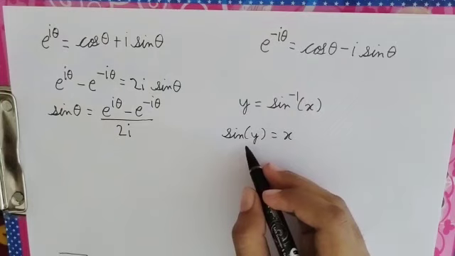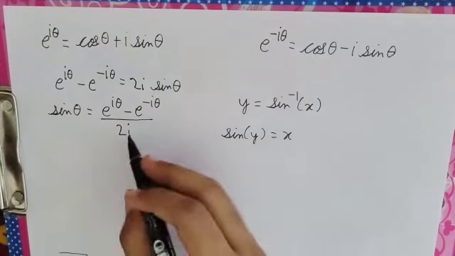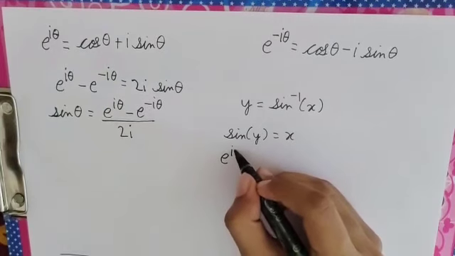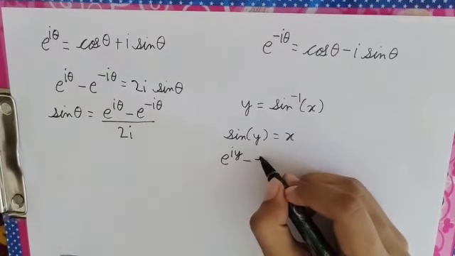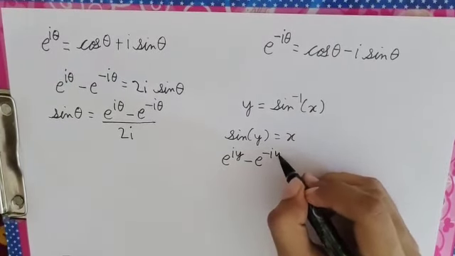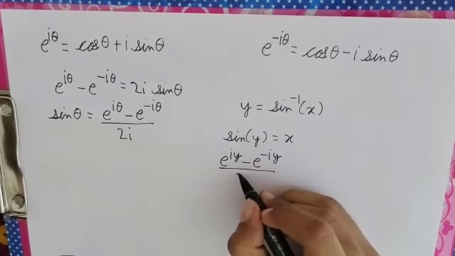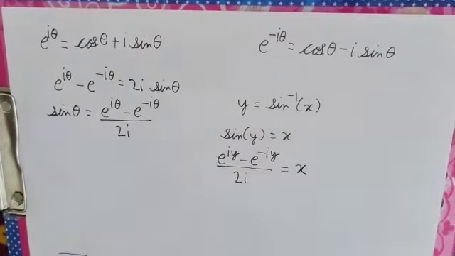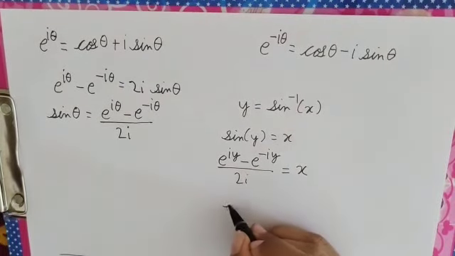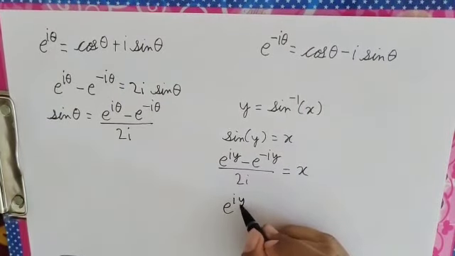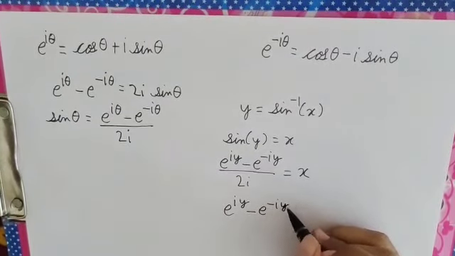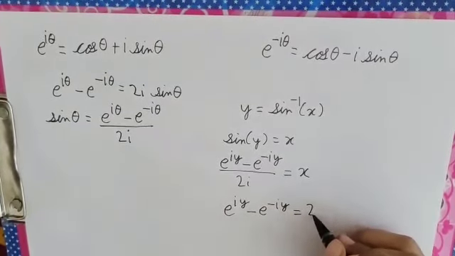Now we know that we can write sin y in this form. Therefore, (e^(iy) minus e^(-iy)) upon 2i is equal to x. Therefore, e^(iy) minus e^(-iy) is equal to 2ix.